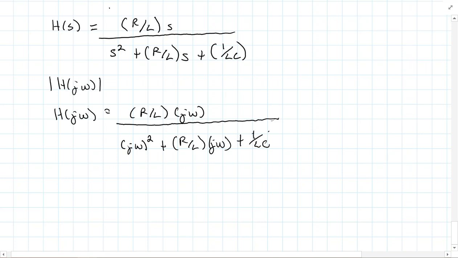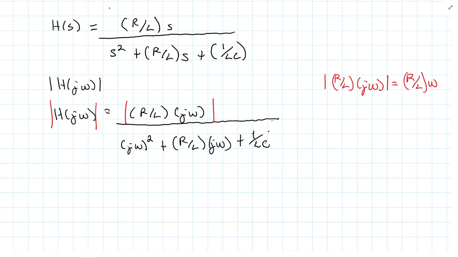Now if I take the magnitude of this, I'm going to do the magnitude of the numerator, but let's write this off to the side. The magnitude of R over L times j omega is simply going to be R over L times omega, because there's only an imaginary component in the numerator.